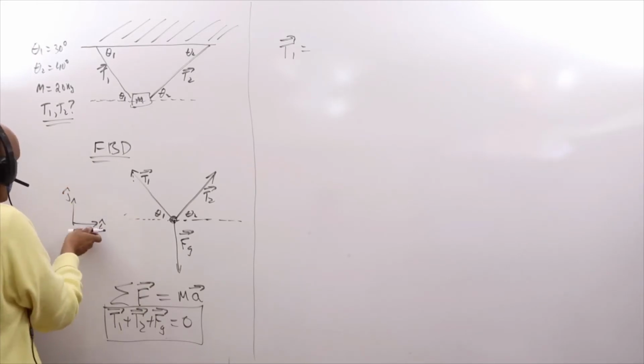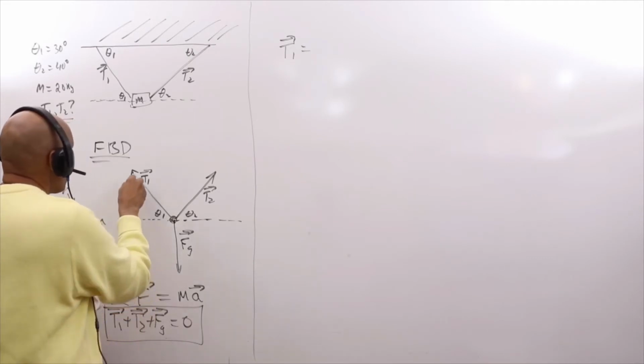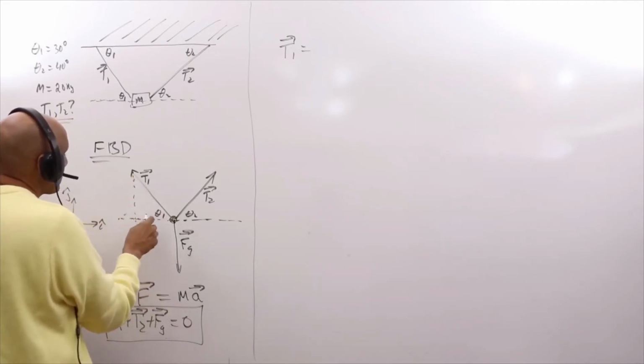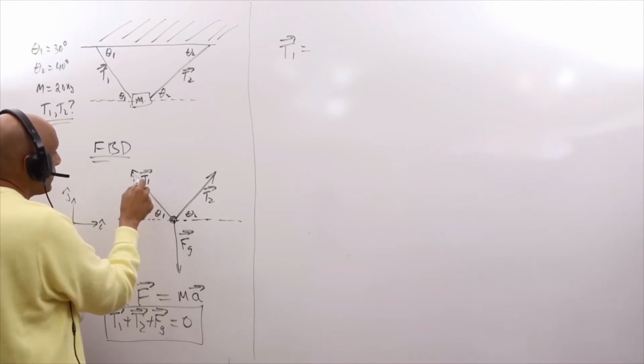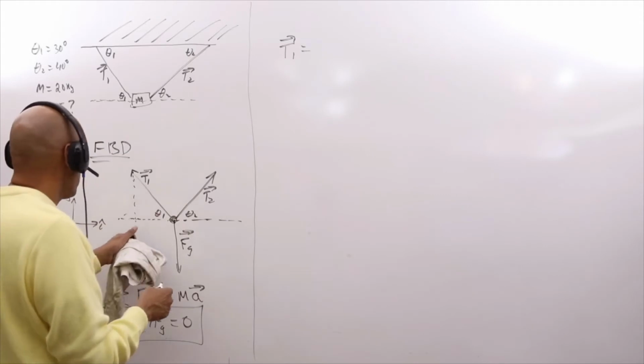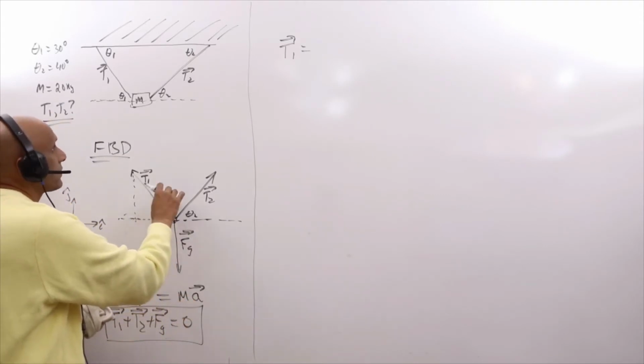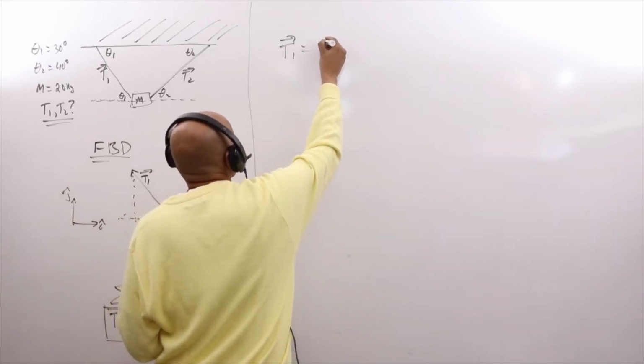So i is to the right, j is up. You're going to draw a little triangle and repeat this process again. Remember, the magnitude of T1 is T1, the magnitude of T2 is T2. That's our standard notation. So here's T1, and this side is going negative, so I know that. I'll put the i first.